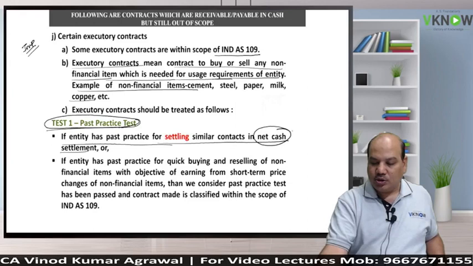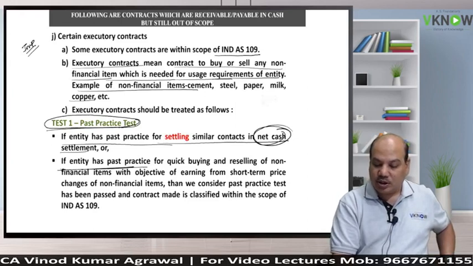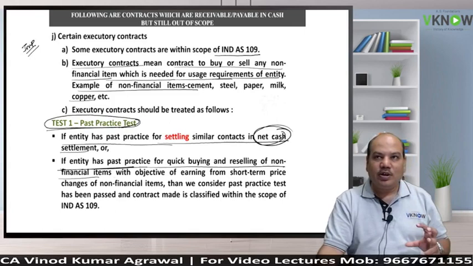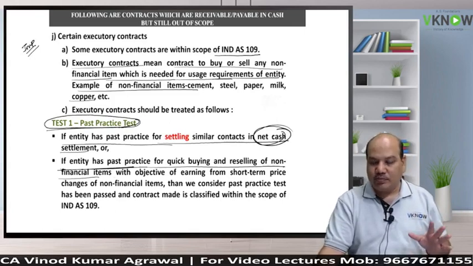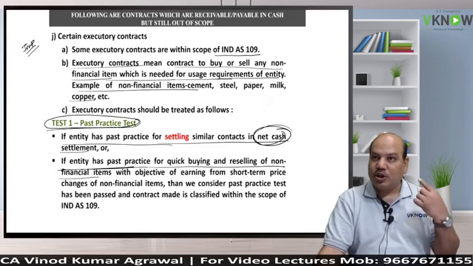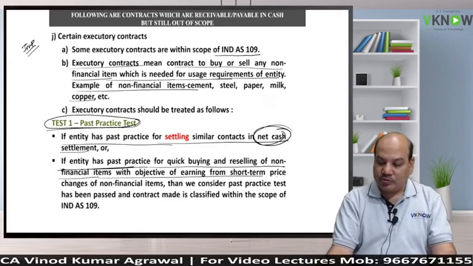Then you will say, no, I don't settle on net basis, I take the delivery. But what is your past practice? The past practice is that immediately after taking delivery, you resell it. You don't use it. The moment the delivery comes and the price has gone up, you sell it. If you purchase with the objective of immediately reselling, then also it is in the scope of this standard, it is like a derivative.